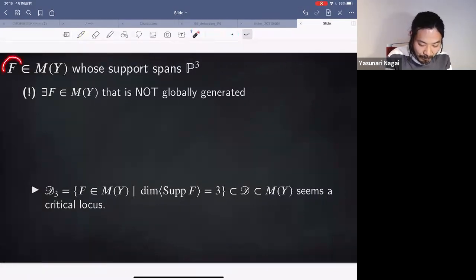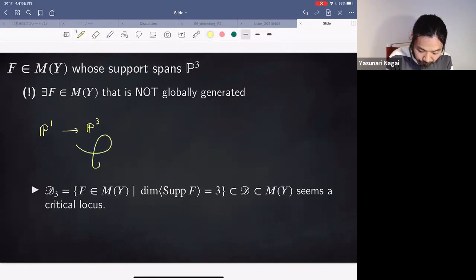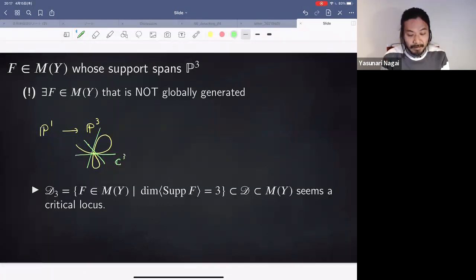So the sheaf F may not be globally generated. So how can you get that kind of sheaf? It's easy, because if we have P1 to P3 and the image has a triple point, and these three tangent directions span three-dimensional space, then we know that H0 of F is only two-dimensional.